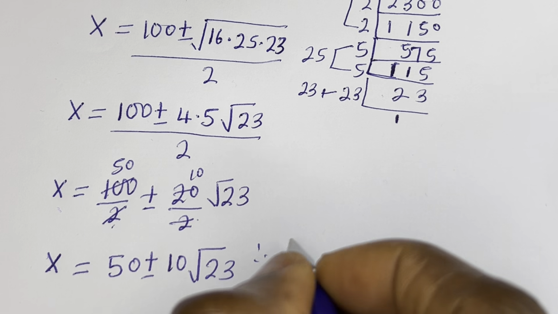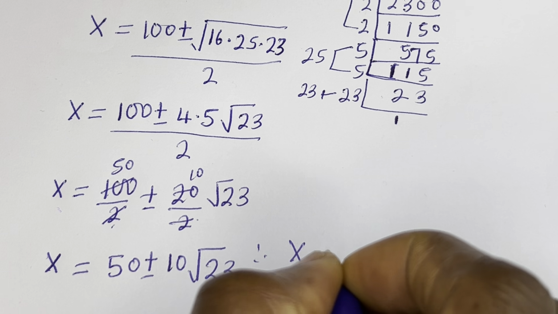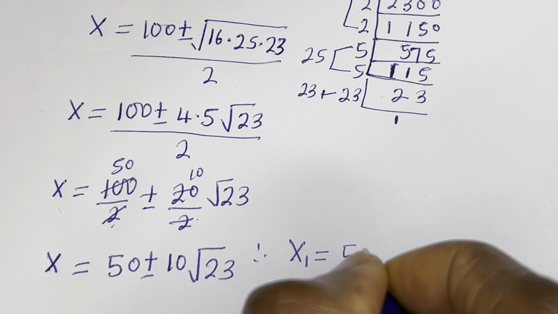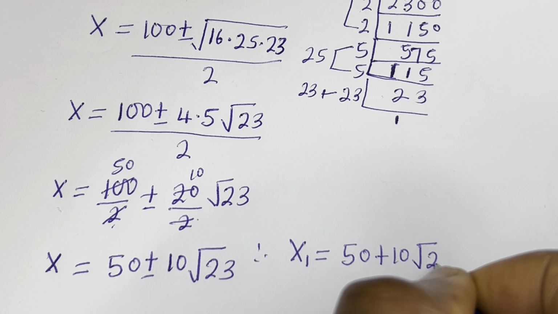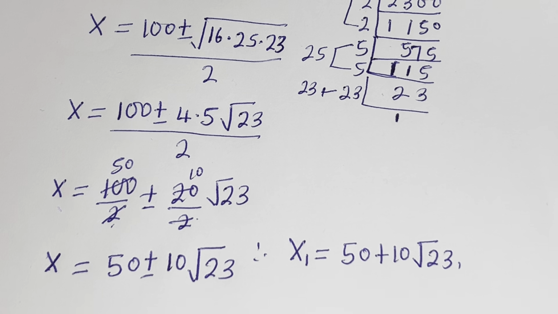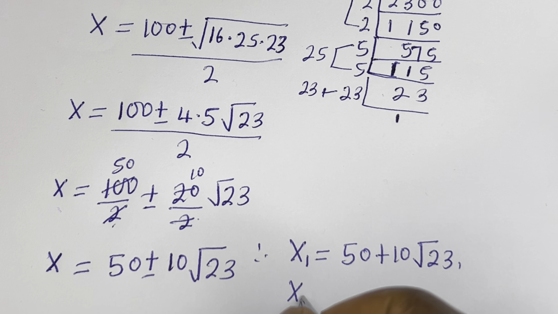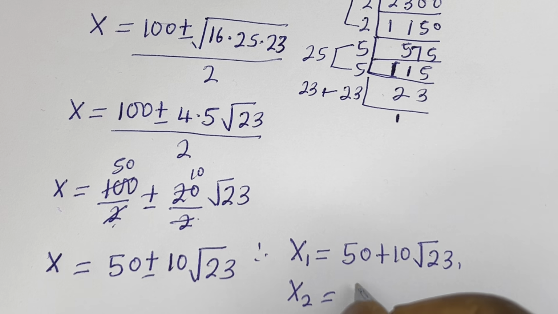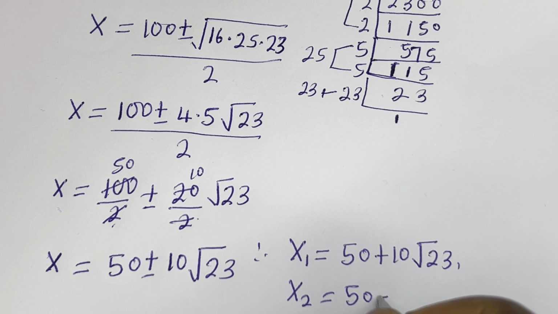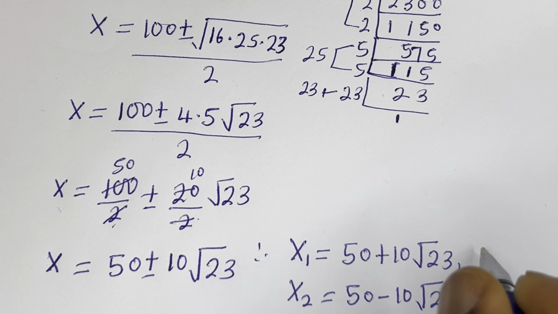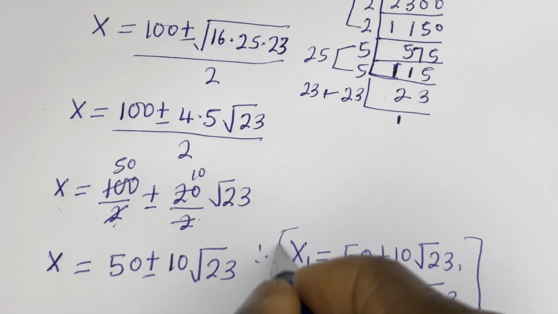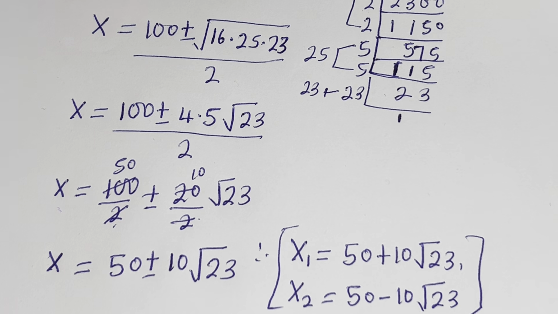Therefore, x1 is equal to 50 plus 10 square root of 23, and x2 is equal to 50 minus 10 square root of 23. These are the values of x. We've gotten the values of x.